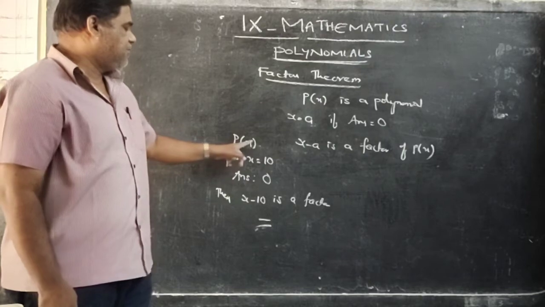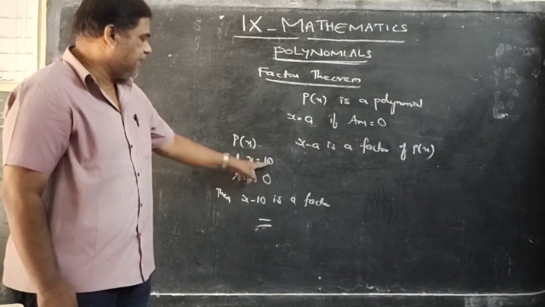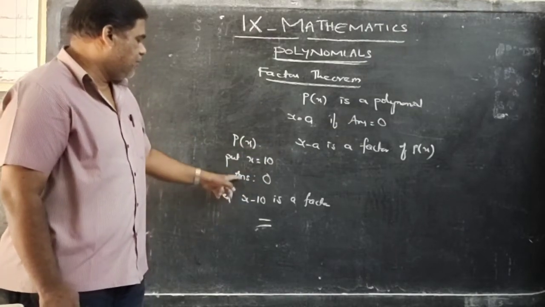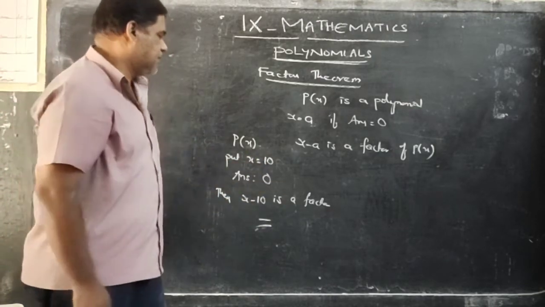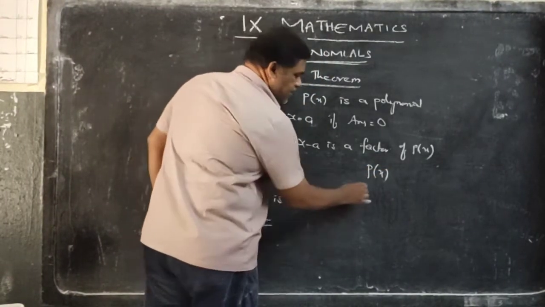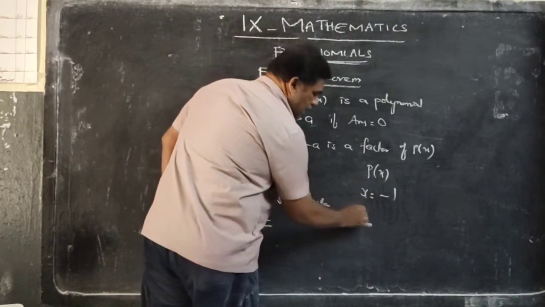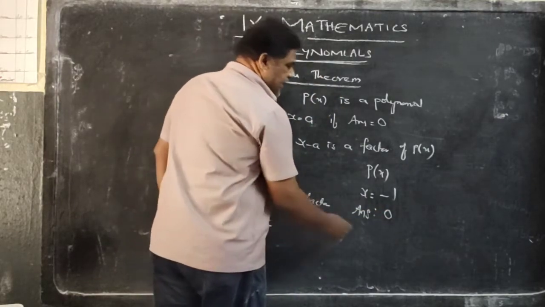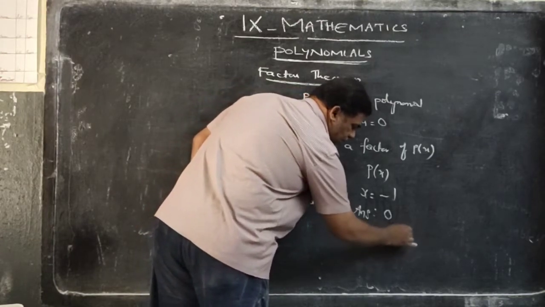P of x is a polynomial, substitute x is equal to some value, let us say 10. On substituting x is equal to 10 in this polynomial, if you get the answer 0, then x minus 10 is called a factor. For example, let us substitute x is equal to minus 1, and on substituting x is equal to minus 1 we got the answer 0, then minus 1 you take this side, then x plus 1 is called a factor.